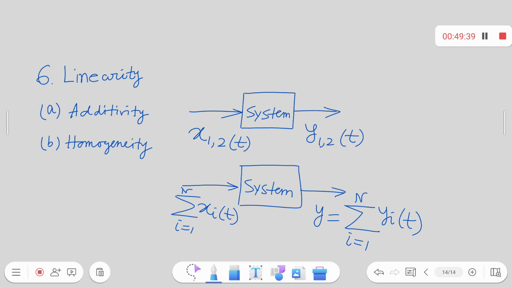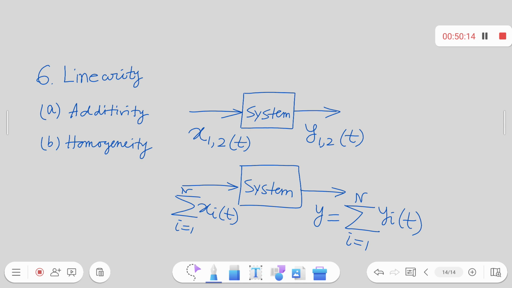Then the system is known as an additive system. Input is x1(t), output is y1(t). Input is x2(t), output is y2(t). Input is the sum x1(t) plus x2(t). Is the output y1(t) plus y2(t)? If yes, then additive. If not, then not additive.